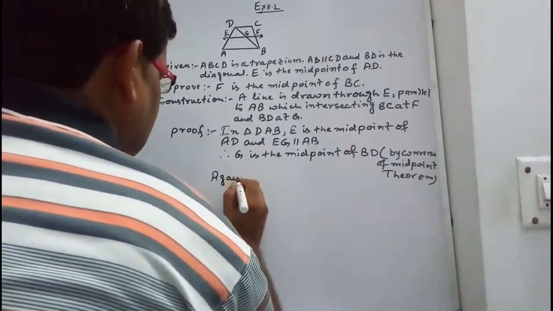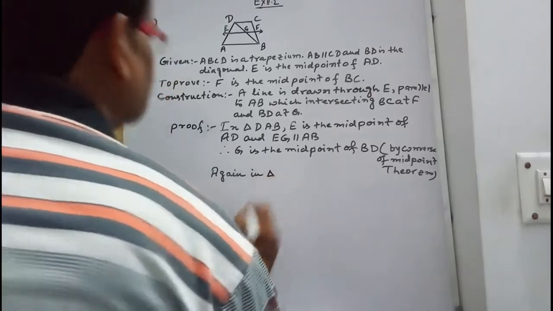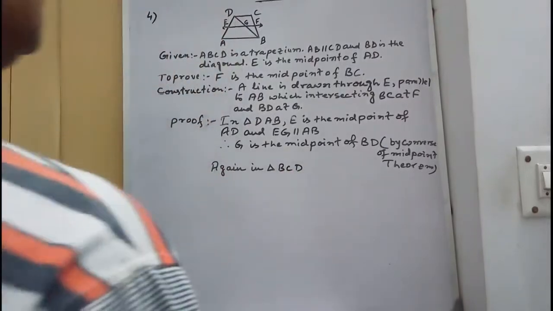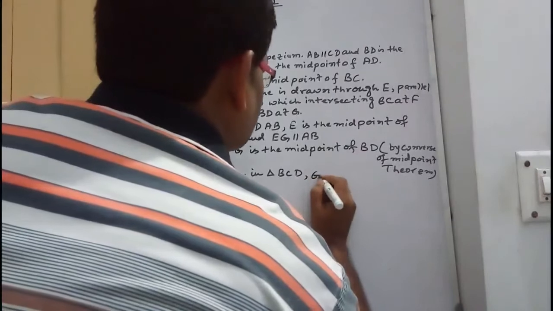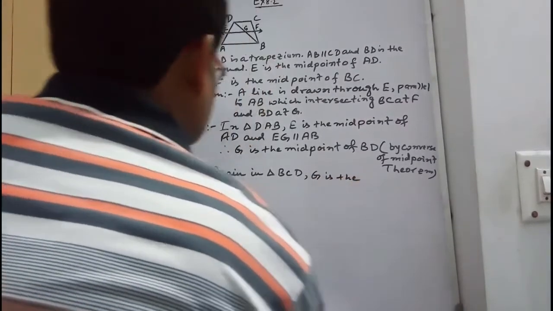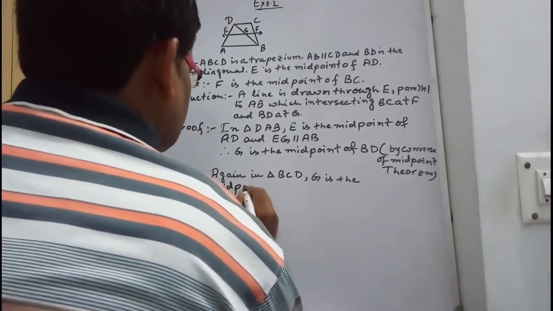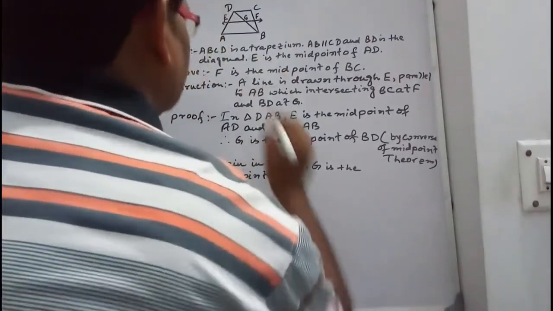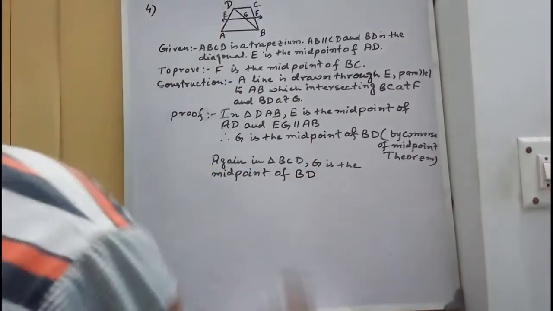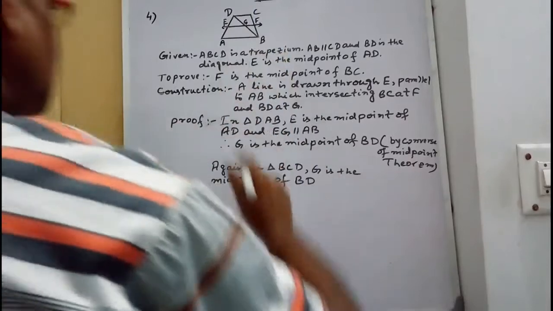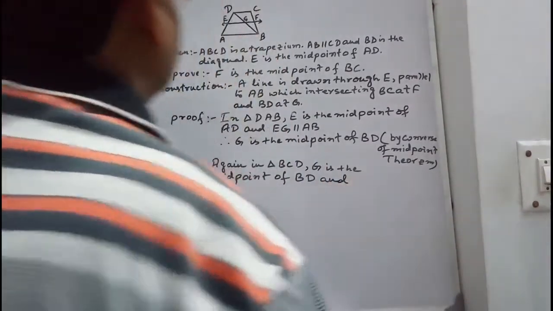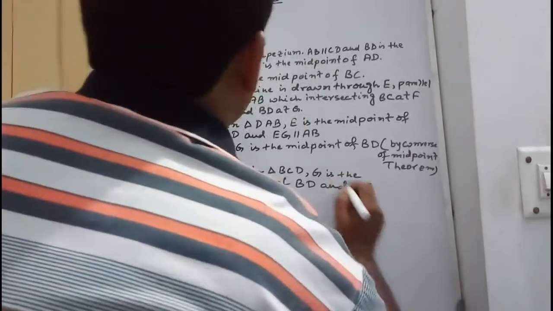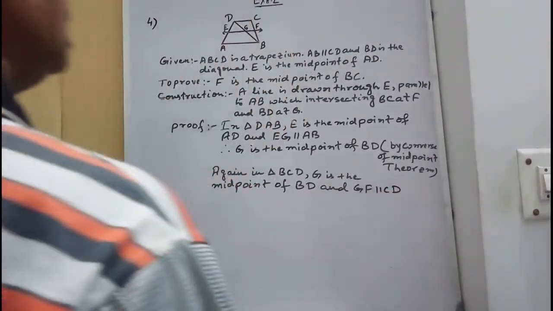Again, in triangle BCD, G is the midpoint of BD, and GF is parallel to CD.